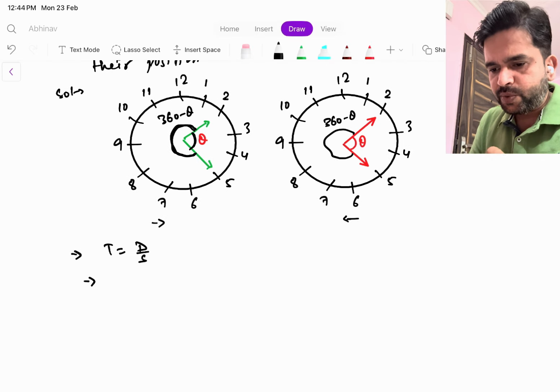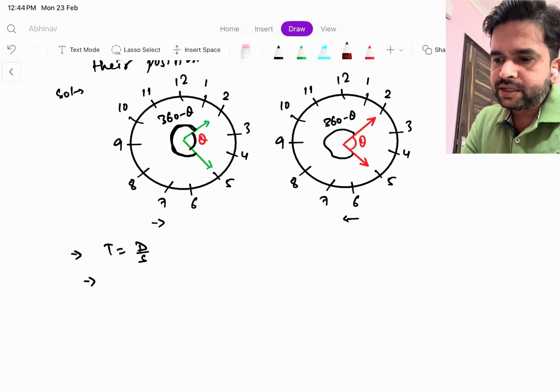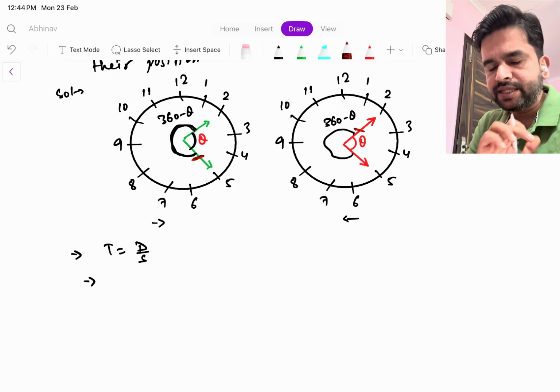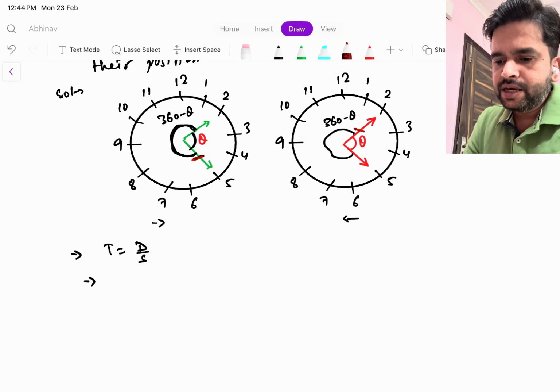So let us equate these two scenarios in terms of time. But there is a catch. This minute hand has not come from here to here only at 360 minus theta degrees.